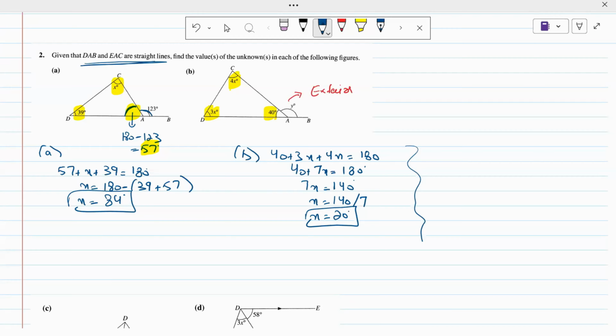Now this y to be found, this y is an exterior angle and it's lying on the straight line, the straight line DAB. Whenever we have an angle on the straight line, we can use the straight line property: y plus 40 is equal to 180, and y is equal to 180 minus 40, which gives us y as 140 degrees.